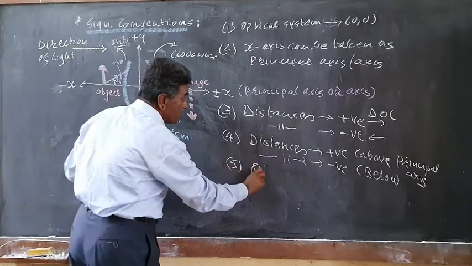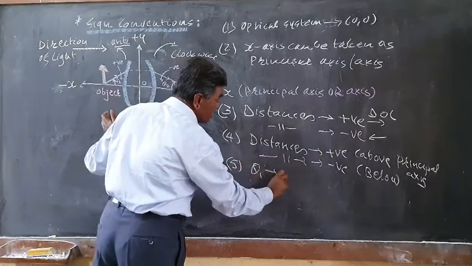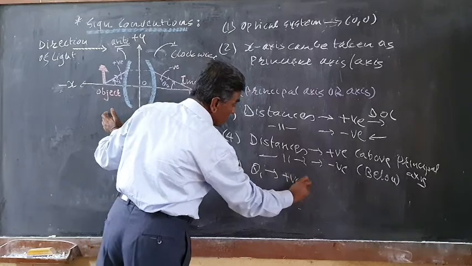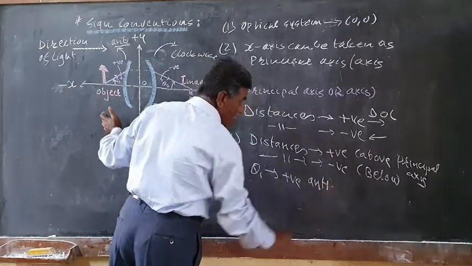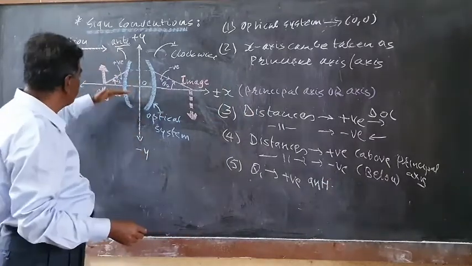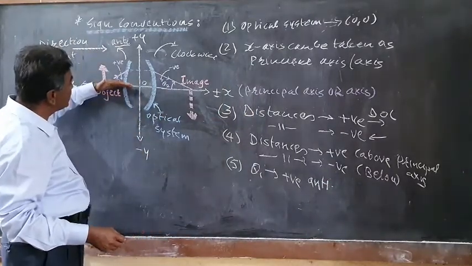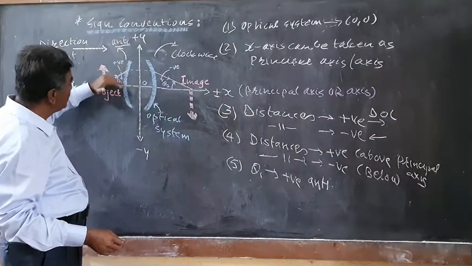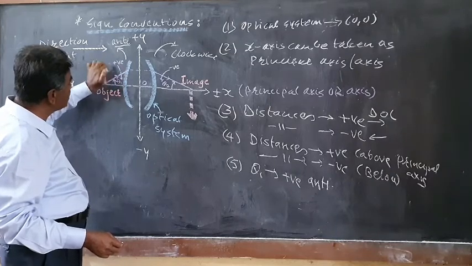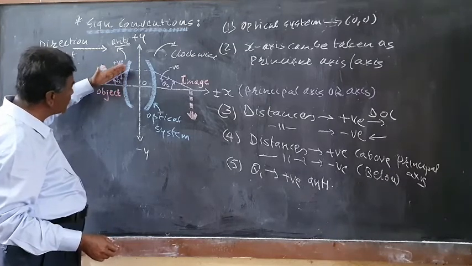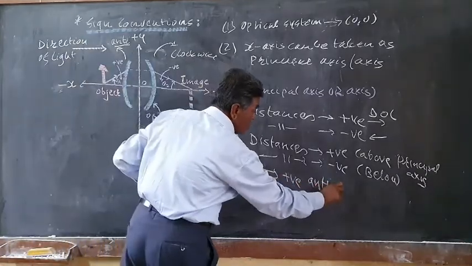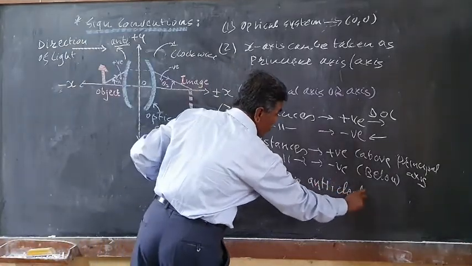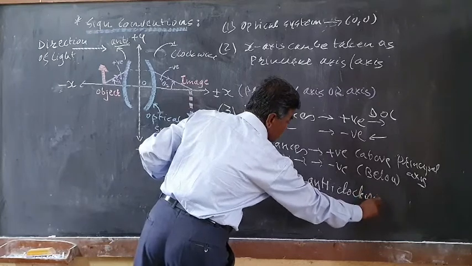Theta 1 can be taken as positive if the rotation is anti-clockwise. Whether it is anti-clockwise depends on the axis, which is rotated through an acute angle in this direction to make it coincide with this ray, so the angle is positive.